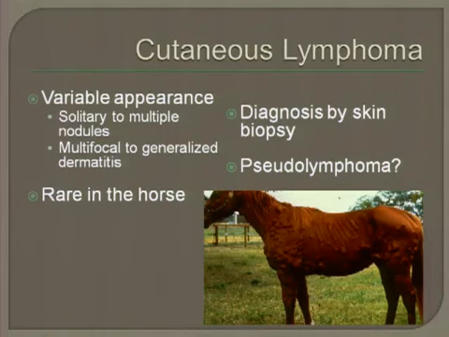And there are certain horses that have every indication of having lymphoma based upon biopsy and clinical signs, but instead of having this progressive disease, they actually kind of wax and wane for years, and in some cases actually just resolve. So pseudolymphoma is this term that has arisen to explain these horses that you think have lymphoma, but the behavior of their condition doesn't really follow what is expected in other species.